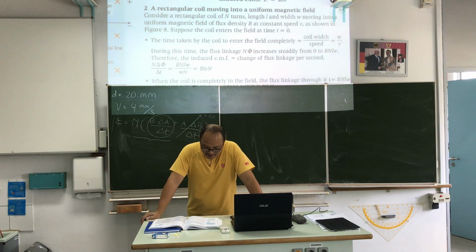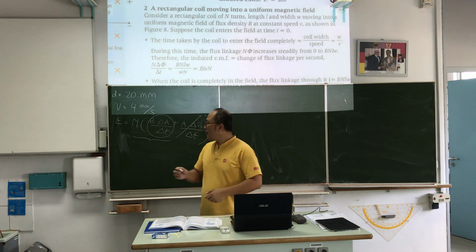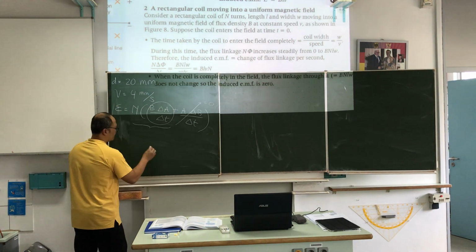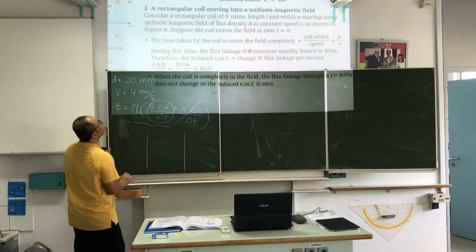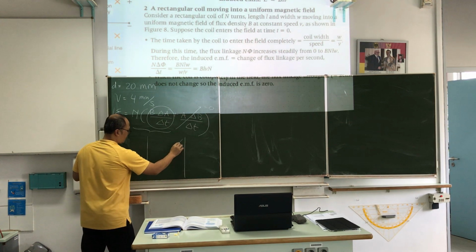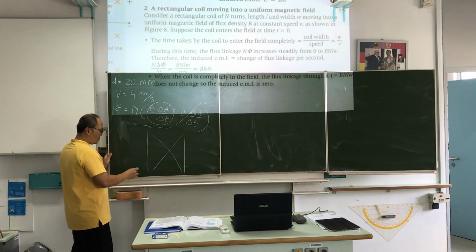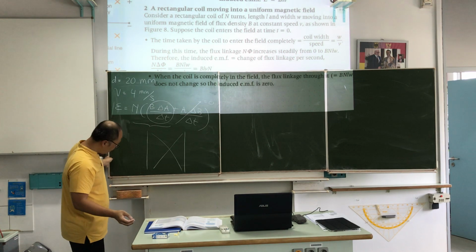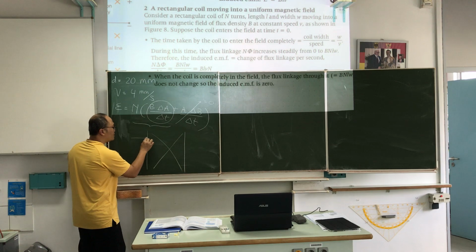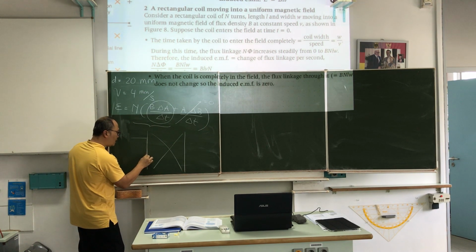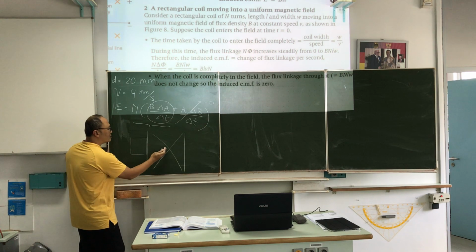Consider a rectangular coil of n turns, length L and width W, moving into a uniform magnetic field with flux density B at constant speed V, as shown in figure 8. Suppose the coil enters the field at time t equals 0. At time t equals 0, here's the magnetic flux. Is it going into the page? Correct? Then here is our coil, standing on the verge of this magnetic field.